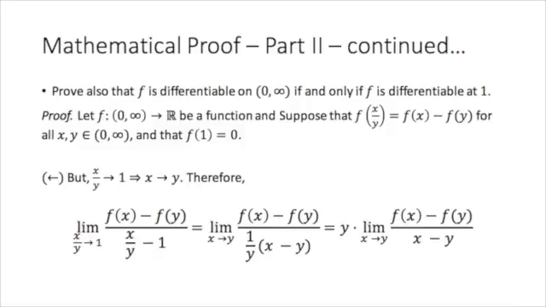And if we take 1 over y outside the limit, this becomes the right hand side, which is y times the limit as x approaches y of f of x minus f of y over x minus y. We can safely take y outside because y is considered the constant term here.